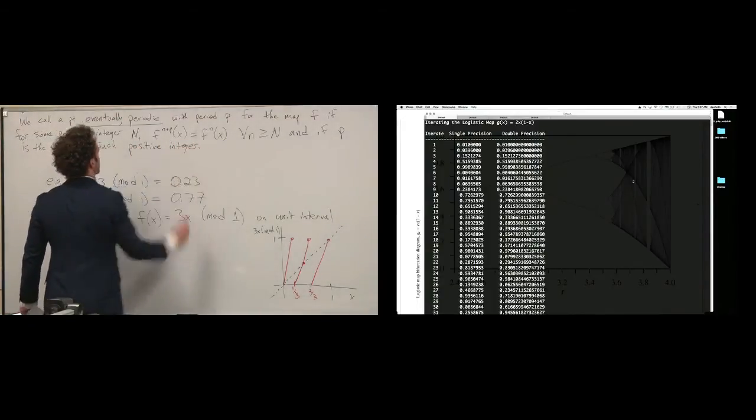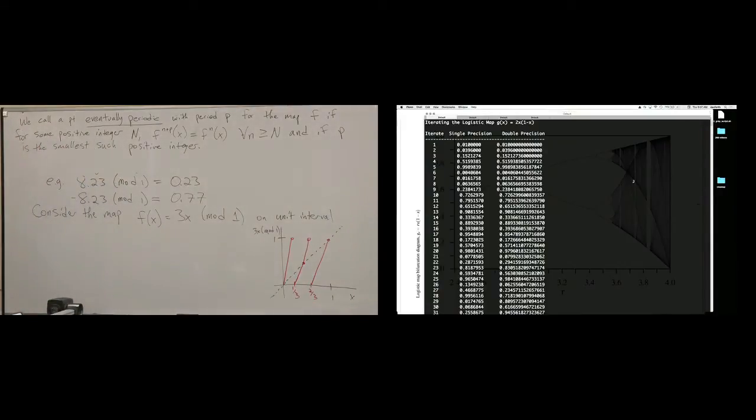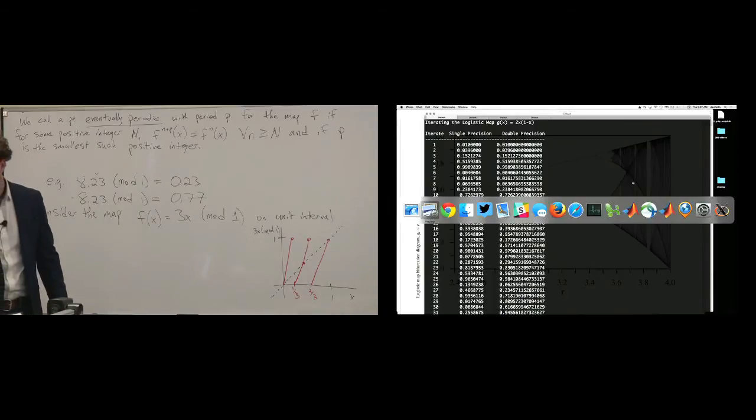This is a long definition, so we're going to talk about it. But you have seen the basic idea behind this previously.